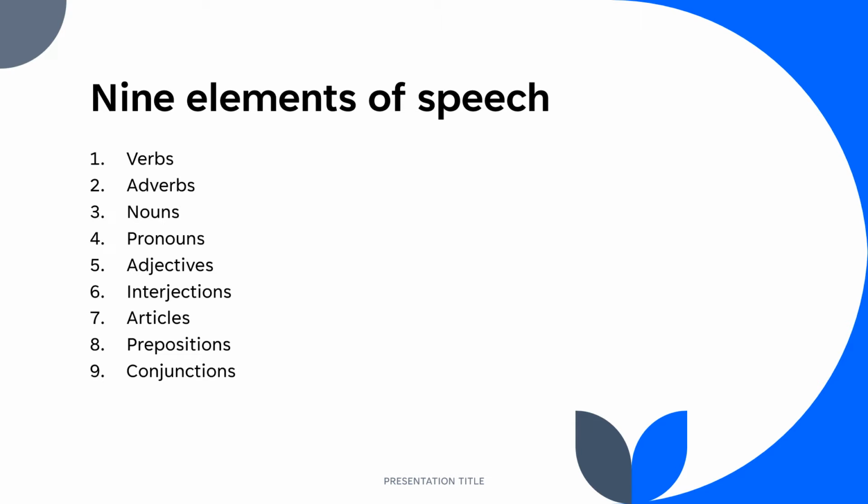We have verbs, adverbs, nouns, pronouns, adjectives, interjections, articles, prepositions, and conjunctions. If you like, you can pause right here and just write down this list of 9, or you can take a picture as a screenshot and just keep it in mind as you continue learning English.